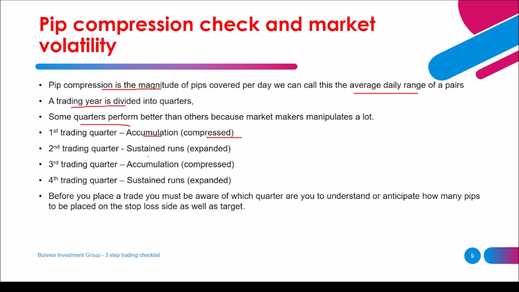Whereas if we go into the second quarter of the year, we are now seeing the market makers making long sustained runs after the accumulation of the first quarter. So in the second quarter, which will be expanded, you'd see that the same pair that was moving 20 to 30 pips per day is now moving 60, probably 80, sometimes even 150 pips in one day.